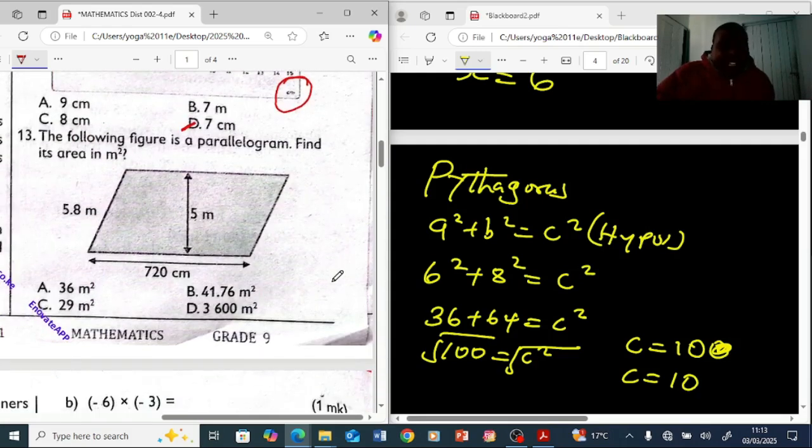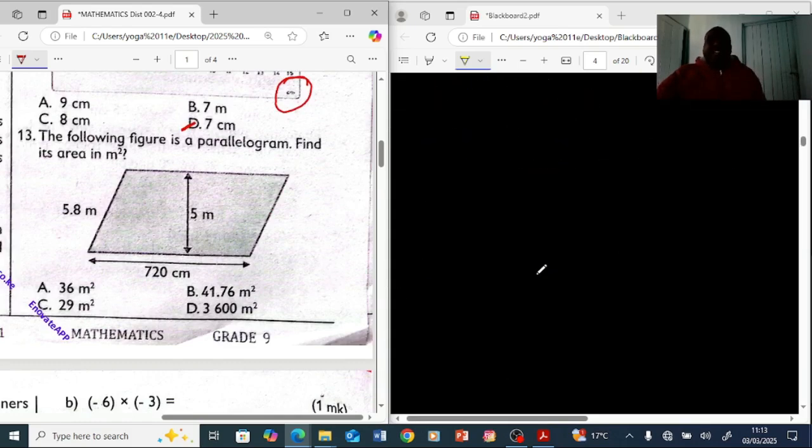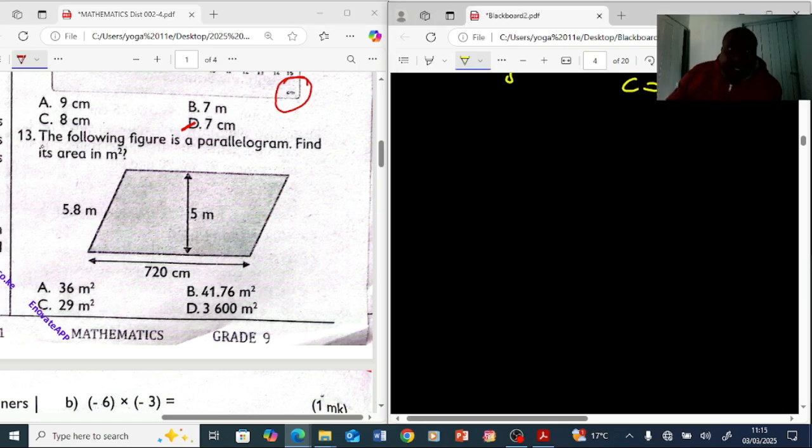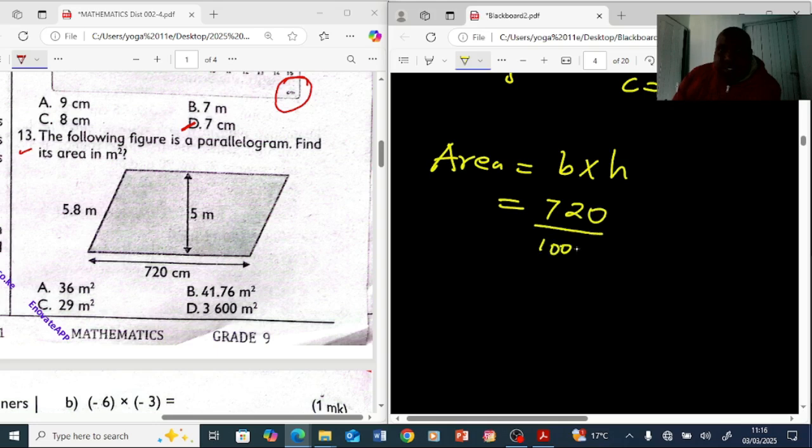Number 13. The following figure is a parallelogram. Find its area. Do you know the formula? For a parallelogram, area is equal to base times height. Now our base is 720. You divide by 100 to change into meters, because you can see the height is in meters.